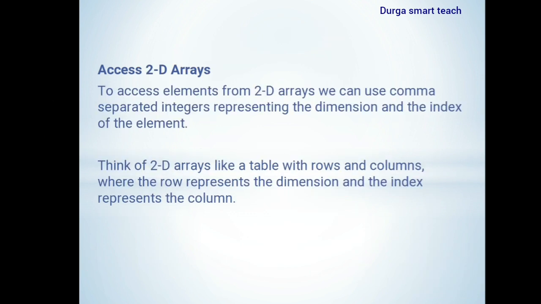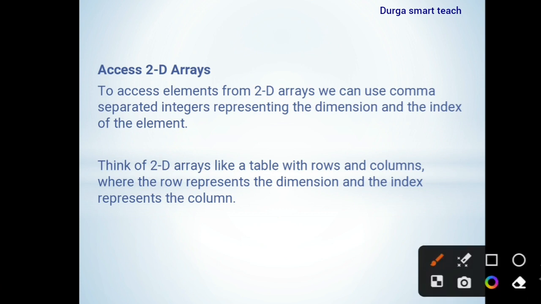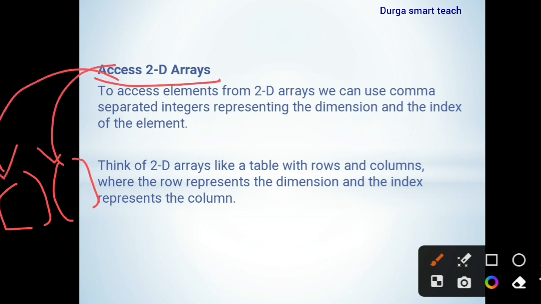The next one is accessing two-dimensional arrays. A two-dimensional array contains two subscripts. One is used to represent the row and the other is used to represent the column. So a two-dimensional array contains two one-dimensional arrays. This is one-dimensional, this is one-dimensional.